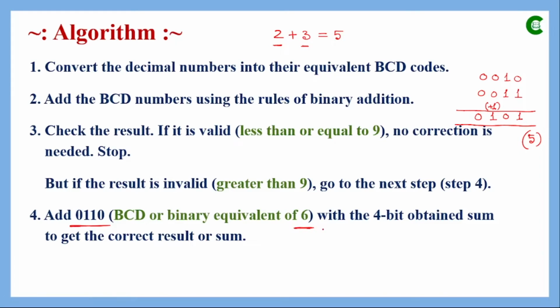So we are adding 6 to the result of binary addition, which is invalid for the time being. When we add this 6, or 0110, it finally becomes a valid number, and that will be our final result, within our range, so it will be acceptable. This idea, these rules, this algorithm will be more clear when we solve different types of numericals.